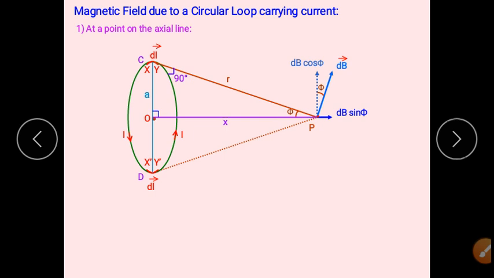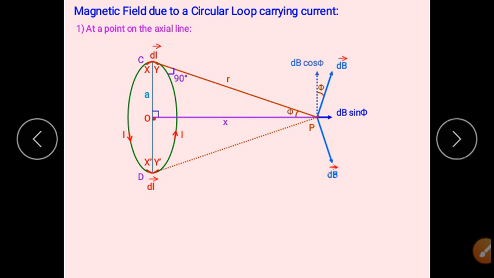Therefore, these two elements will produce the same magnitude of magnetic field at the point P, but the direction of magnetic fields will be opposite because the direction of current is opposite in their case. Therefore, what will be the direction of magnetic field due to this element x dash y dash? It will be like this.